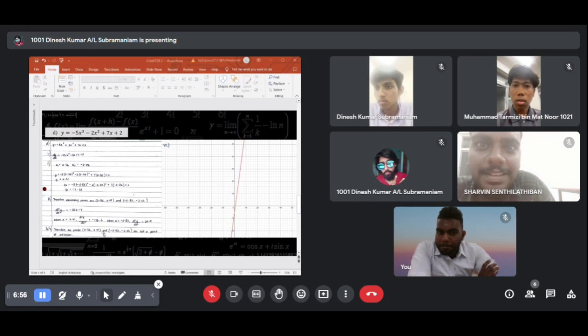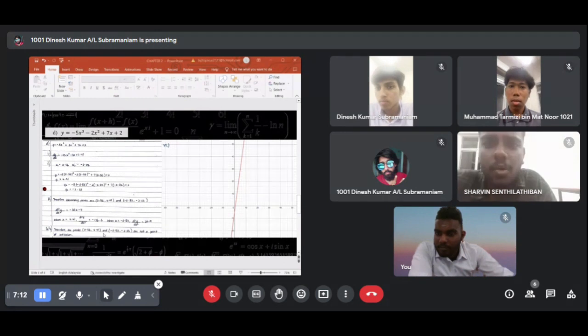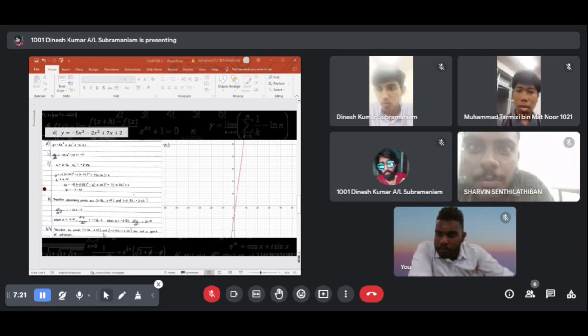For part 1, dy/dx equals negative 15x squared minus 4x plus 7 equals 0. For part 2, x1 equals 0.56 and x2 equals negative 0.83. y1 equals negative 5(0.56) cubed minus 2(0.56) squared plus 7(0.56) plus 2, so y1 equals 4.41. y2 equals negative 5(negative 0.83) cubed minus 2(0.83) squared plus 7(negative 0.83) plus 2, so y2 equals negative 2.33.